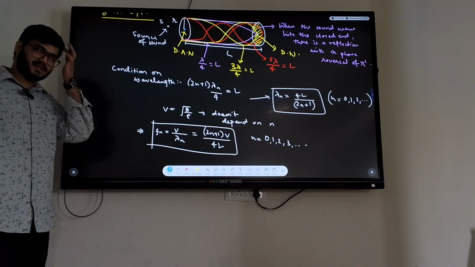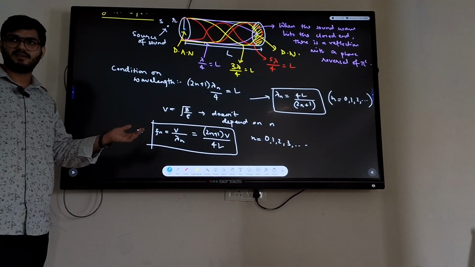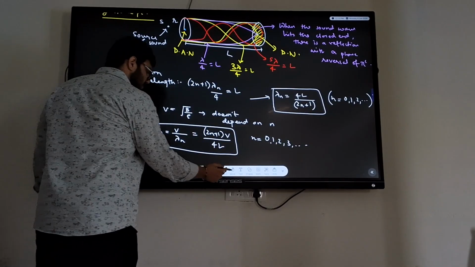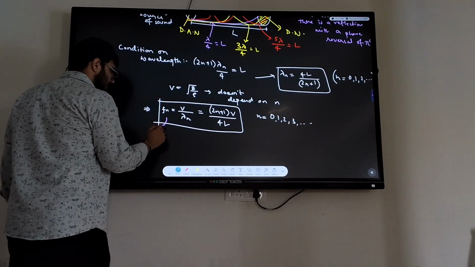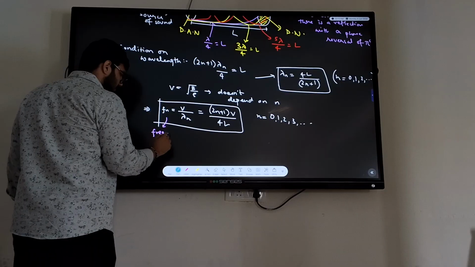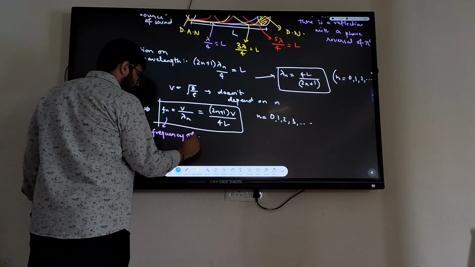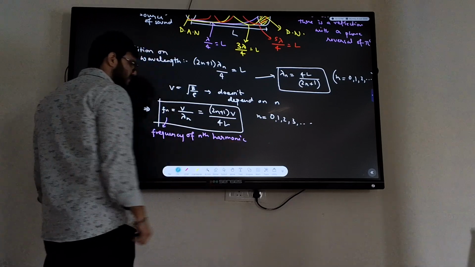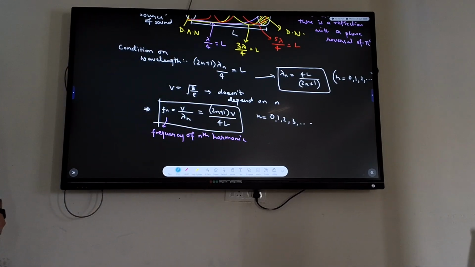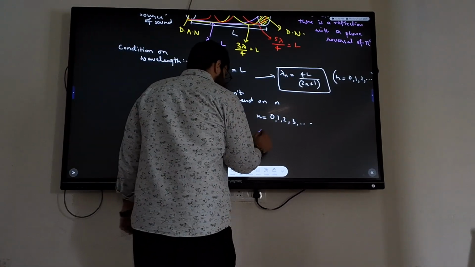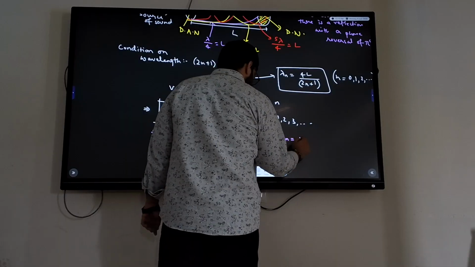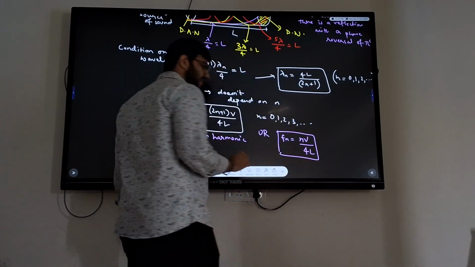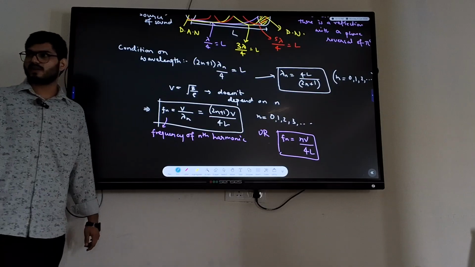If you remember, I have done all of this discussion previously for a stretched string. So this is the frequency of nth harmonic. Acha, in some textbooks they also write it like this, or you can equally write it to be Fn equals nV by 4L. But then can you guess what should be the restriction on n this time?